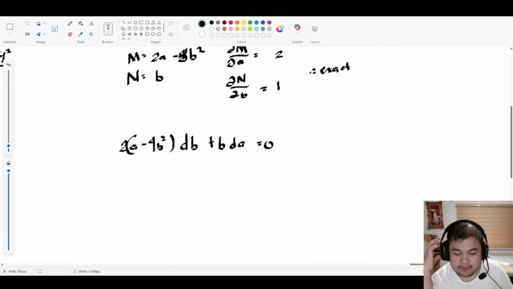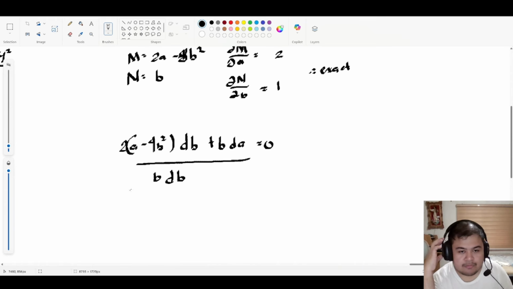So in order for it to be linear, let's say da, I'm gonna choose da, we're gonna divide it by db and b. So the second term becomes db, your first order derivative.